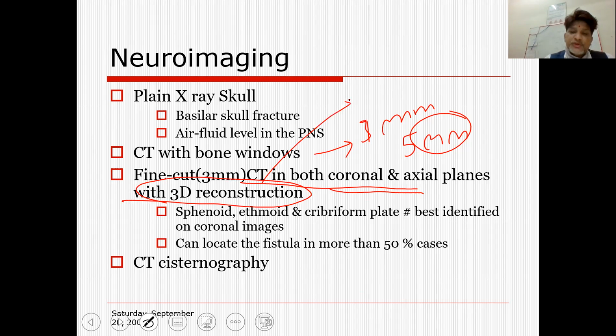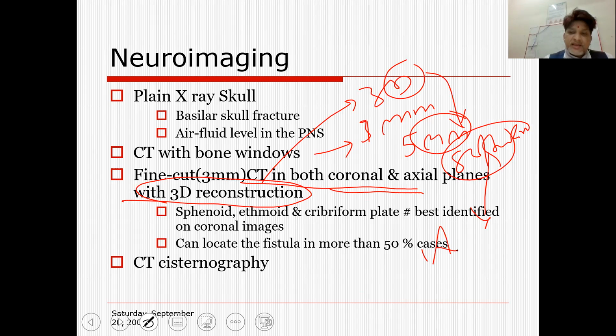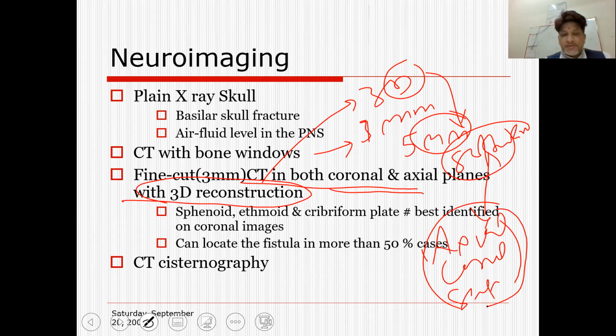To do a 3D reconstruction, with the help of software you can combine all the axial, coronal and sagittal sections to form a complete three-dimensional anatomy of the structure.